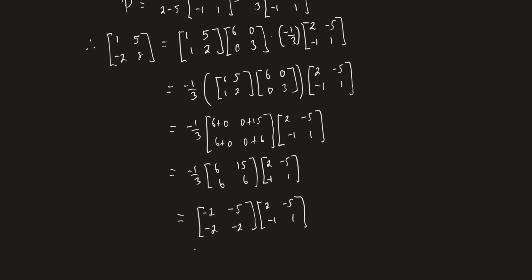For the last matrix product, we have negative 4 plus 5, then 10 minus 10, then negative 4 plus 2, and then 10 minus 2. When we simplify our entries, we end up with 1, 5, negative 2, and 8. And there you go, and we are happy.